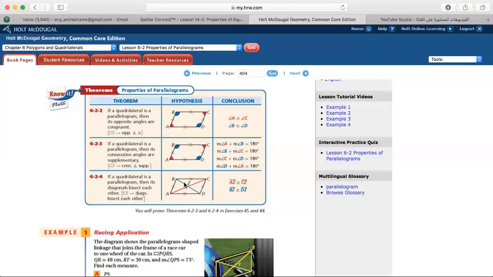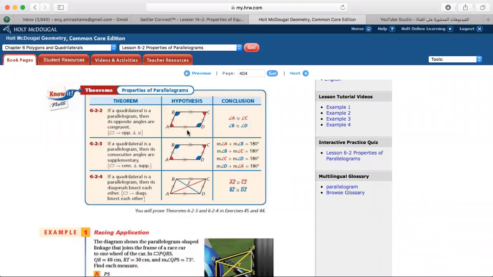Okay, girls, so let's again quickly say the properties of the parallelogram. First of all, every two opposite sides are congruent. They are parallel and they are equal in length.